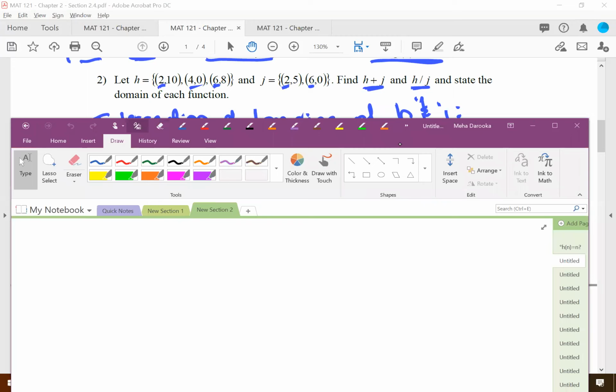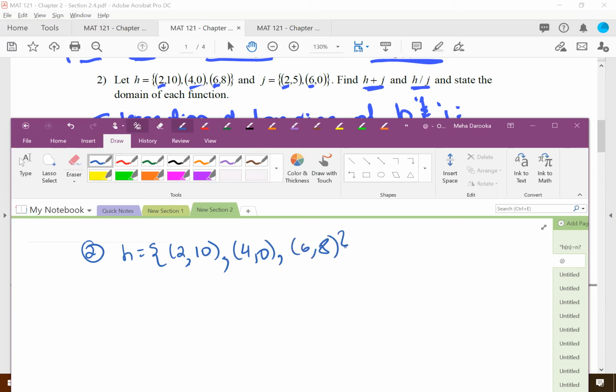Okay, so we have, let's see, the h function is defined as (2, 10), (4, 0), and (6, 8). The j function is defined as (2, 5) and (6, 0).